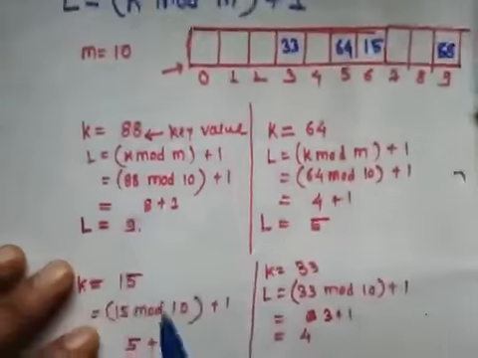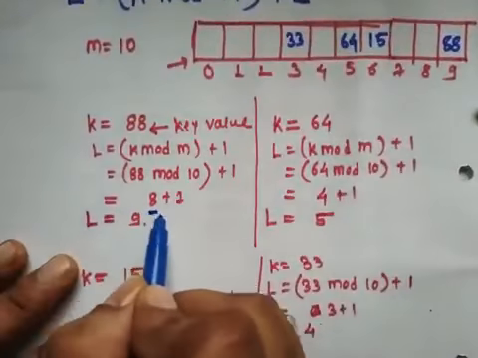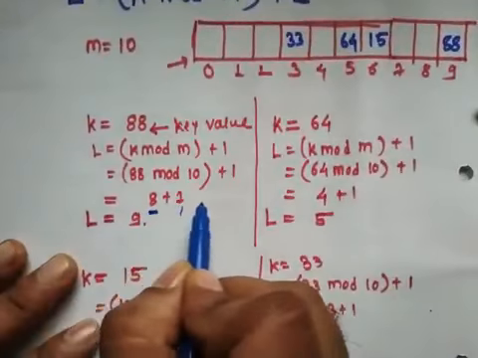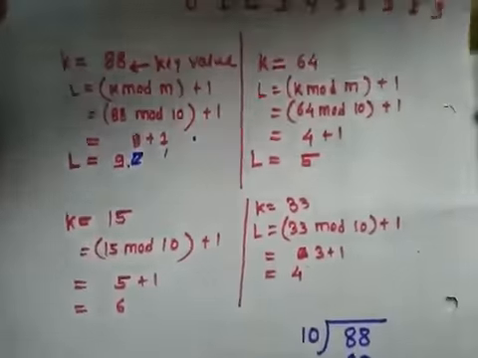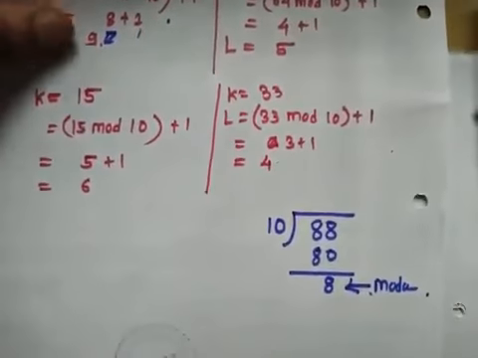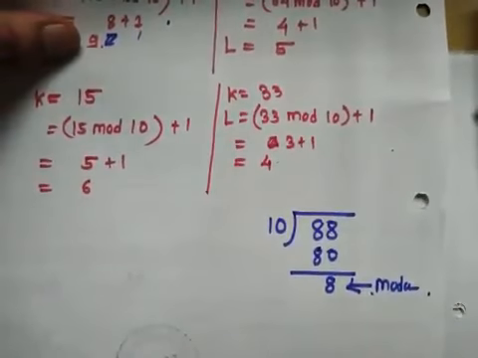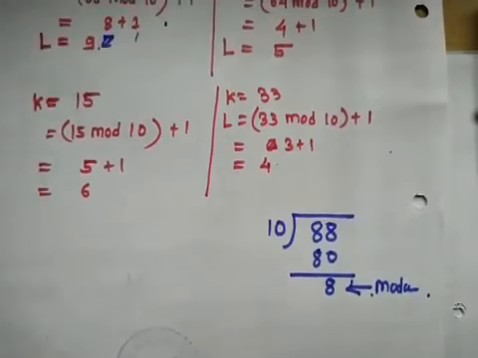That is why I am writing here 8, and 8 plus 1 is equal to 9. I hope everyone knows the modulus operation, so you can easily find the values. So this is the division technique.